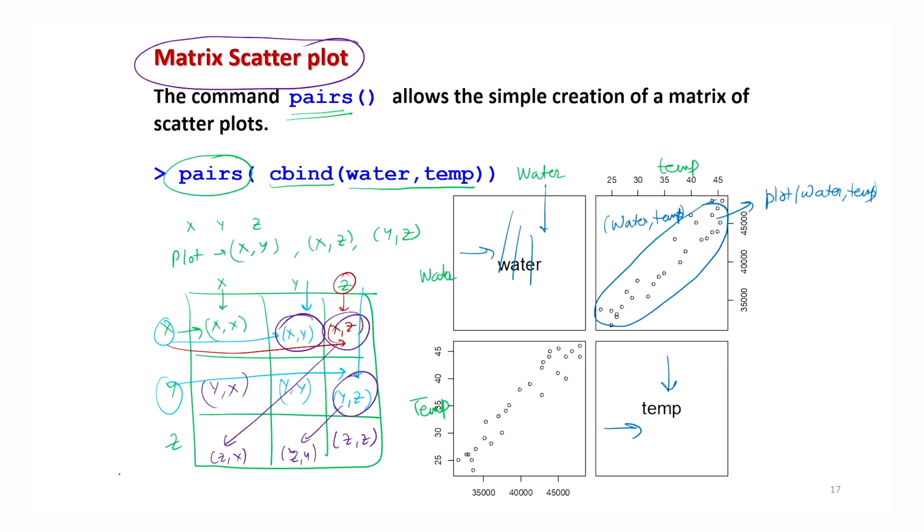And if you look at this lower diagonal, temperature is coming from here and water is coming from here, so this is equivalent to my command plot between temperature and water.